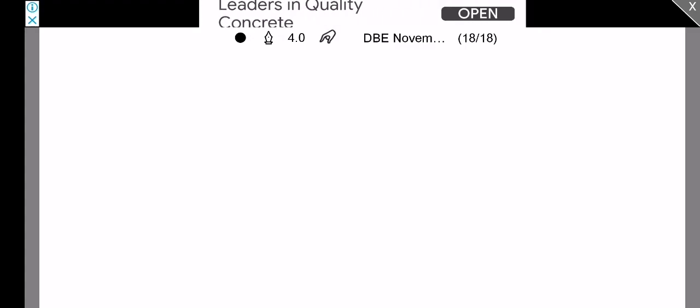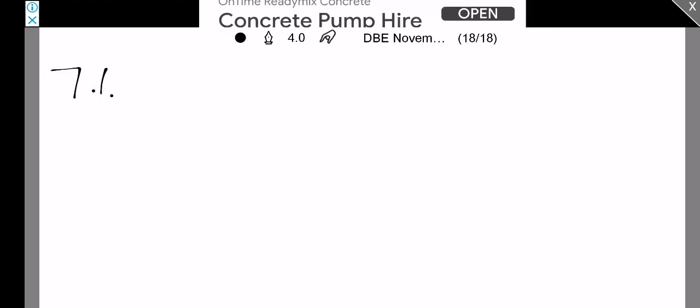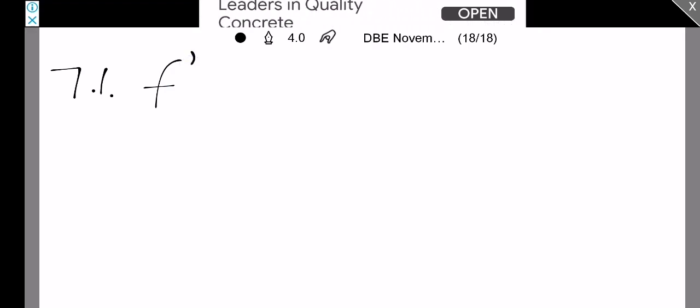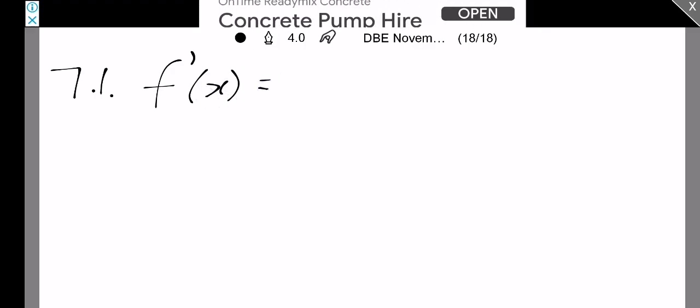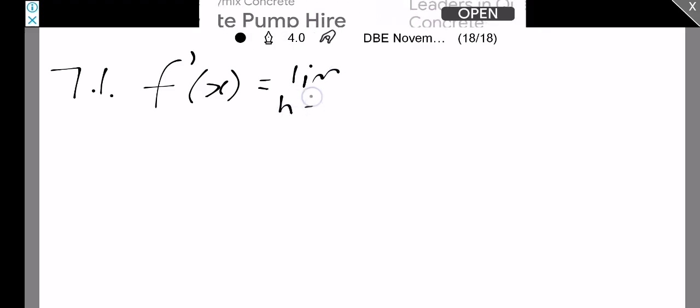So the first principle from the formula sheet, it's given: f prime x equals the limit when h approaches 0.